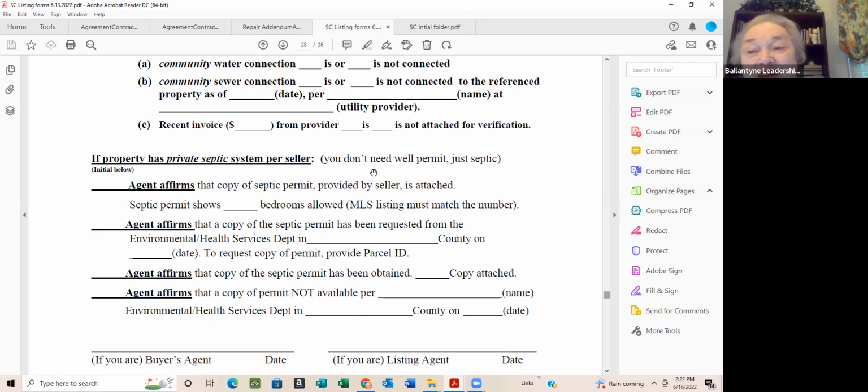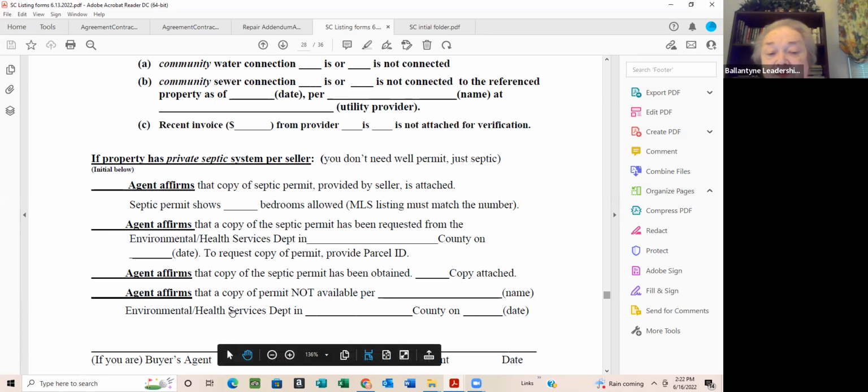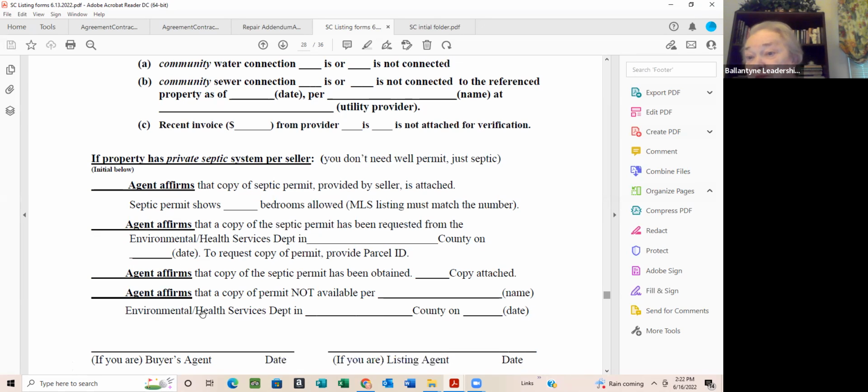So the way you get a permit is you're going to contact the Environmental Health Services Department in the county, let's say York or Union or Mecklenburg, whatever county. You're going to call, and that's a separate department. Okay, that's not the utility department. You're going to call the Environmental Health Department, and they can tell you if there is a permit for that particular house or parcel ID.